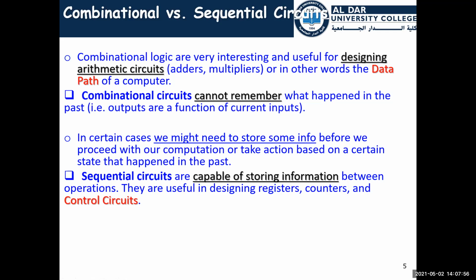So I count 1 and I should count 2 depending on the previous state, which is 1. So 1 plus 1 will move us to 2. And then if I want to move to 3, I should add 1 to the previous state, which is 2, and so on. So sequential circuits are important or capable of storing information.